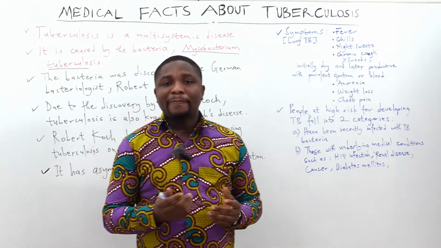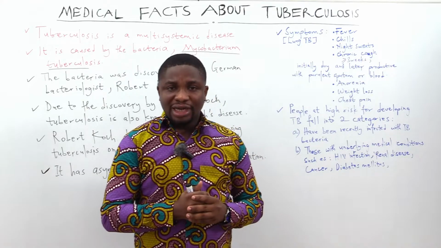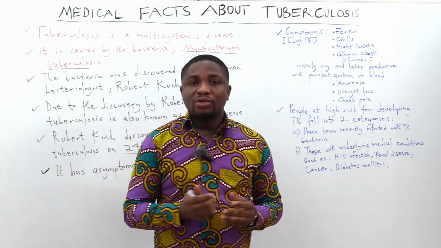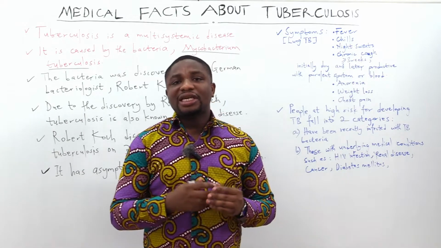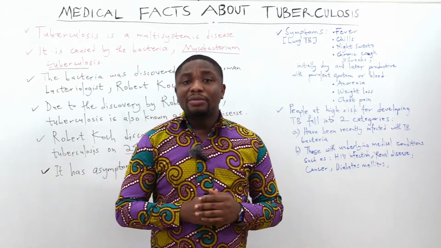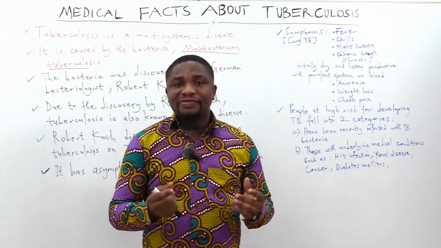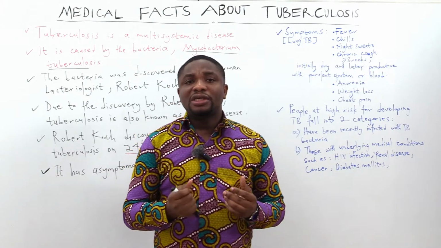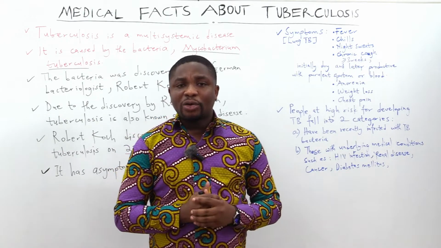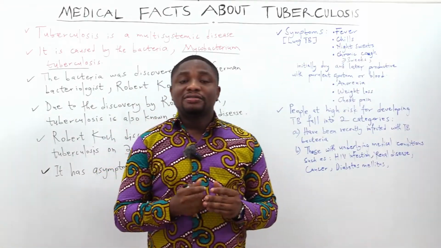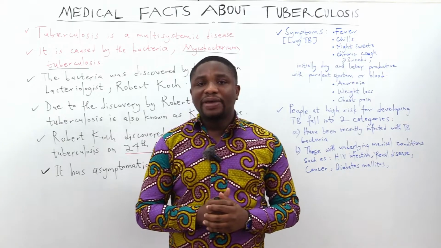Initially, it may be dry and later become productive, which will come with purulent sputum or blood. And when it's coming with blood, then we call that hemoptysis. A person infected with pulmonary tuberculosis may also experience weight loss, may have anorexia, sometimes may have chest pain.